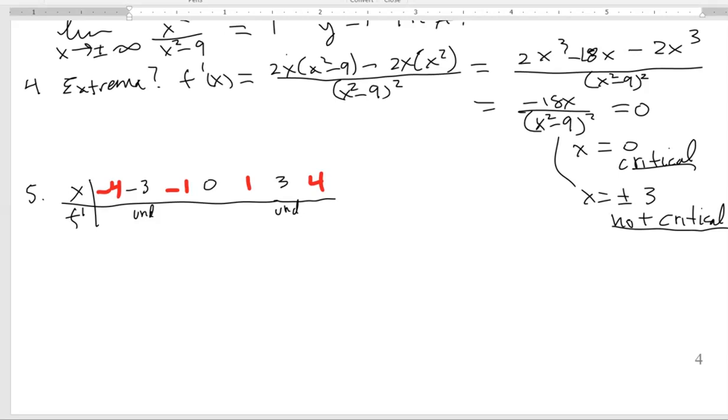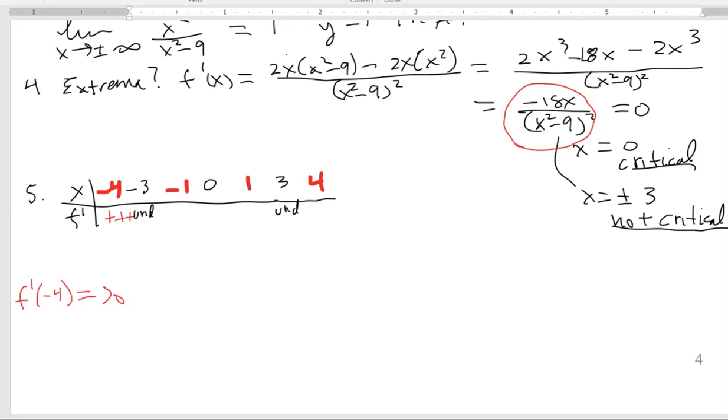So let's go ahead and practice f prime of -4. From your derivative over here, you're working with this. You can see the denominator is positive. Numerator will become positive, so this is positive. So we got a positive result in here, increasing function f.